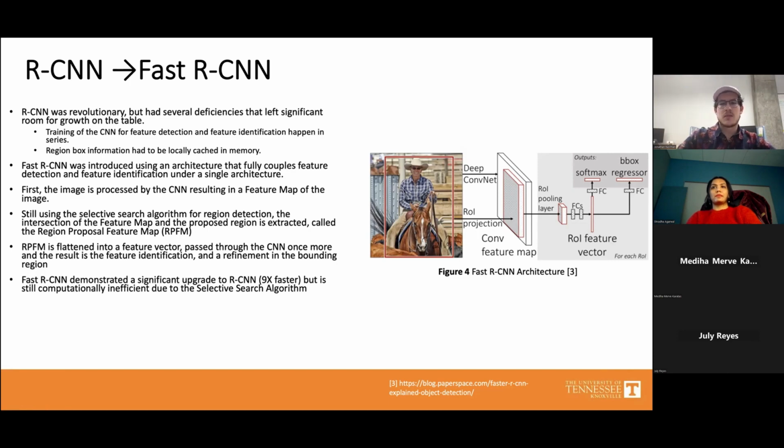Basically, the goal of this is you're using one central neural network actuated in two instances to both detect your features and detect the boxes around them. This was an absolutely colossal upgrade from RCNN in terms of computation time. It was on the order of 9 times faster. But again, it's still a little computationally inefficient due to the selective search algorithm.